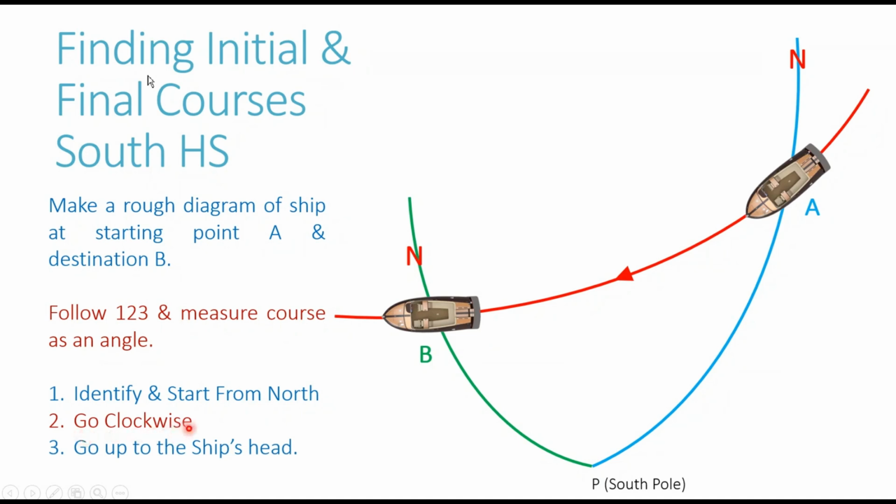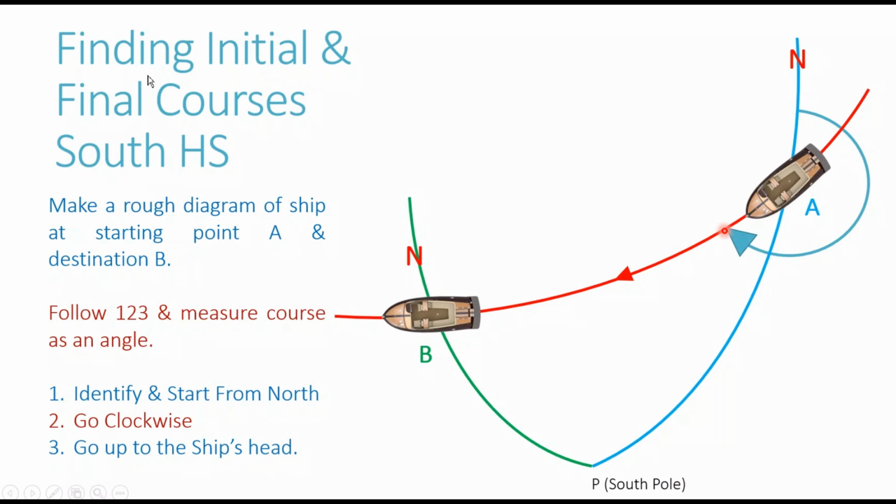Now we have to go clockwise from this direction north, and we have to go up to the ship's head. So at our starting position A, starting from the north direction, going clockwise, going up to the ship's head, is represented by the light blue arc and arrow. So this arc and arrow shows the ship's initial course.